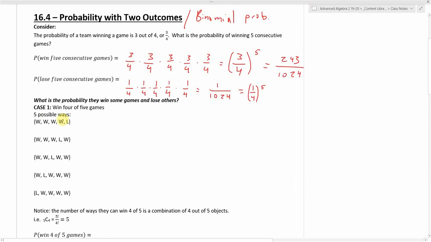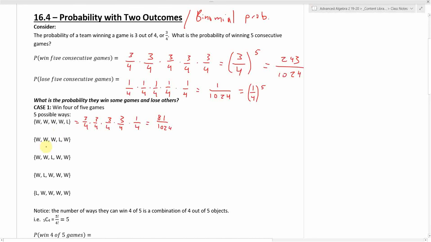They could win the first 4 and then lose the 5th game, right? And the probability of that would be 3/4 times 3/4 times 3/4 times 3/4, for their first 4 games they won all of them, times 1/4 for their last game, which would give us a total of 81 over 1024.